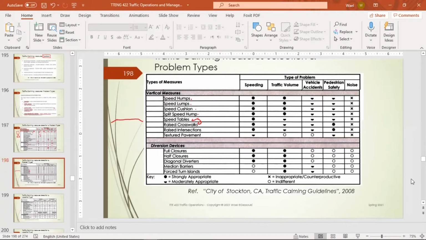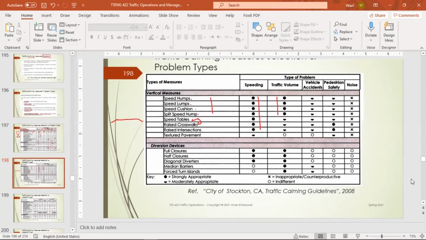As you can see, all of the speed humps, except the textured pavement, are efficient for reducing speed. These are all efficient in reducing traffic volume, because basically these vertical measures reduce the capacity of the highway or the road, and we'll discuss that later.